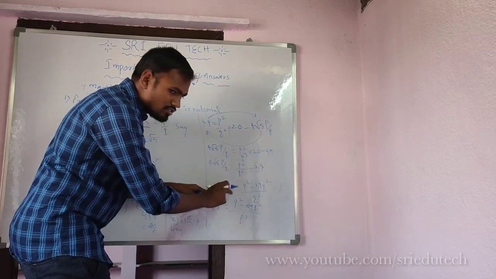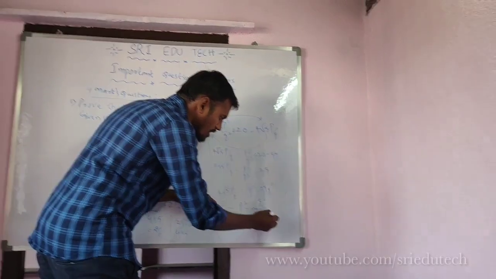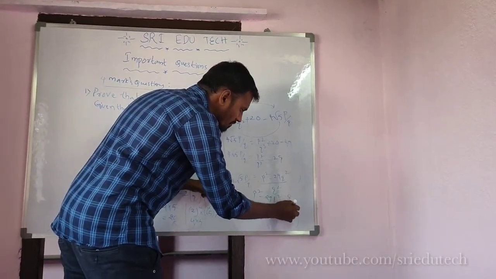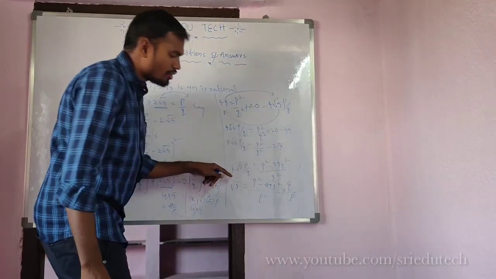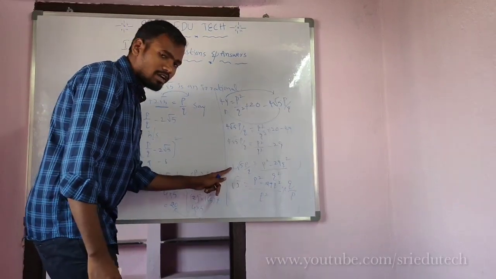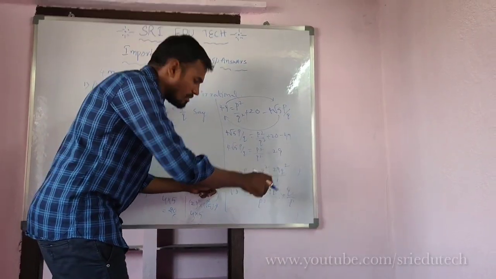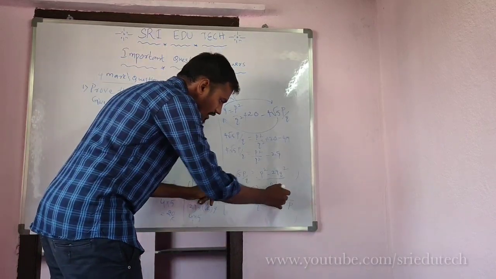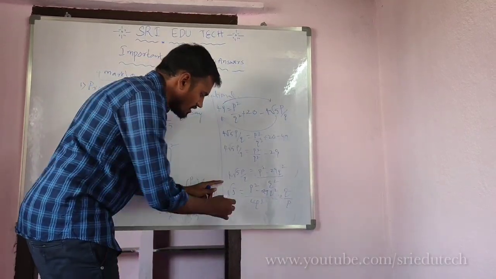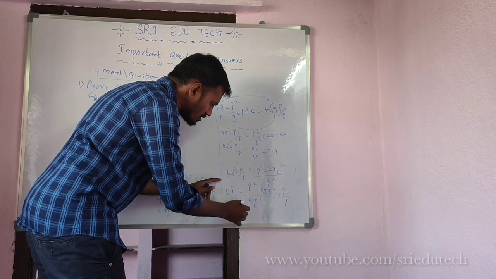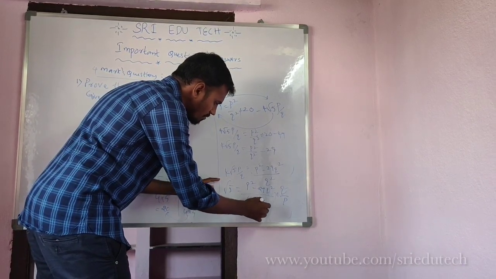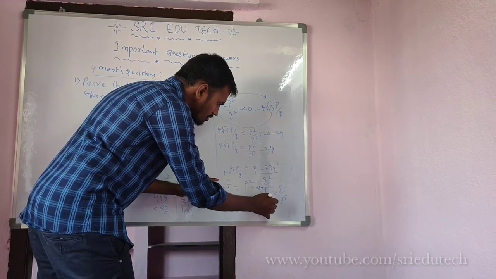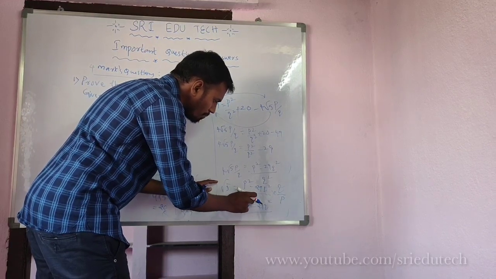Right? Then p by q transfers to RHS as its reciprocal, q by p. Okay? Then 4, which is multiplying, transfers to RHS and becomes divide. So right here, see, one q gets cancelled. Then root 5 is equal to p square minus 29 q square by 4pq.